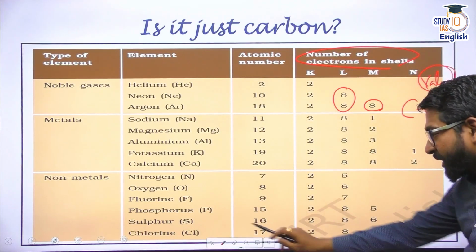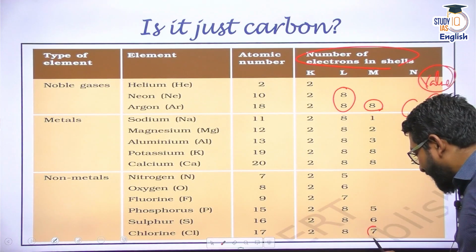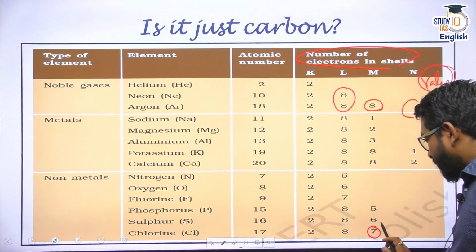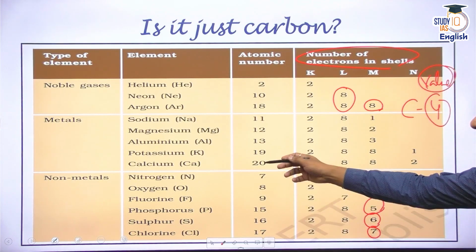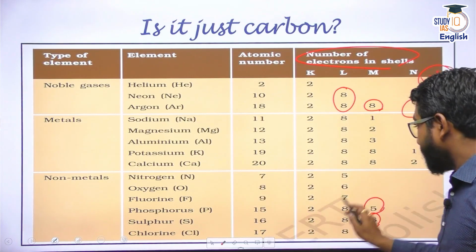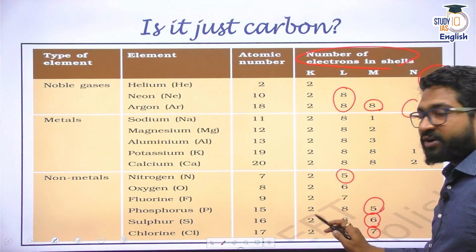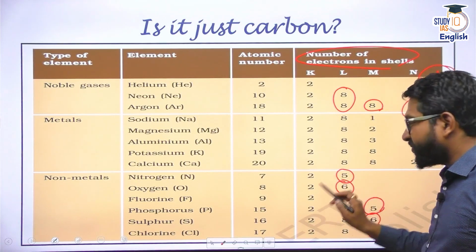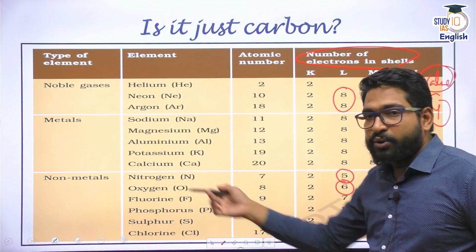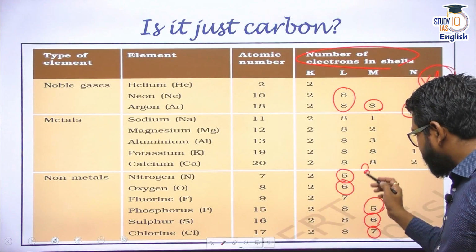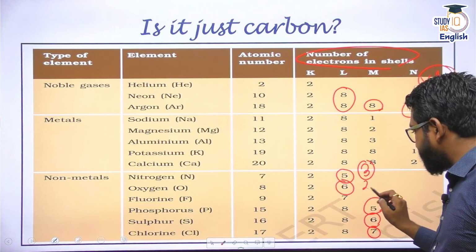For instance, it can share 1 electron with chlorine. It can share 2 electrons with sulfur. It can share 3 electrons with phosphorus. Or if you look at nitrogen and oxygen here, to complete the octet of nitrogen and oxygen, nitrogen can accept 3 electrons and oxygen can accept 2 electrons.